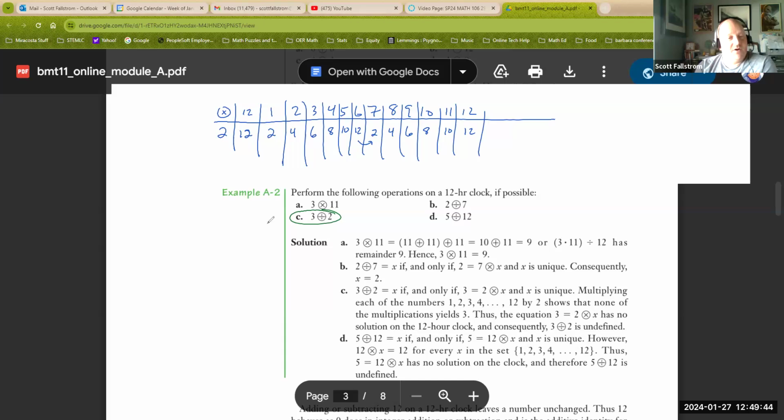All right, so now here comes the fun. Let's go down and do this problem. This problem says we want to do 3 divided by 2, but on a clock. So my answer is going to be some number as long as 2 multiplied by that number gets me to 3. So you find the 2 times table, and you look across your answers until you find 3 as an answer.